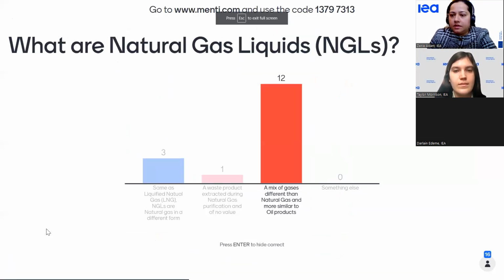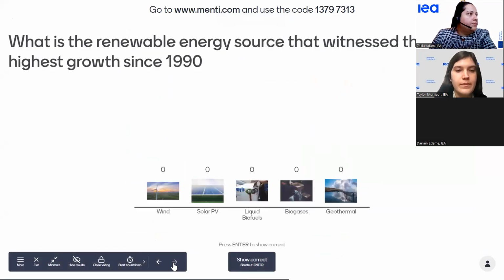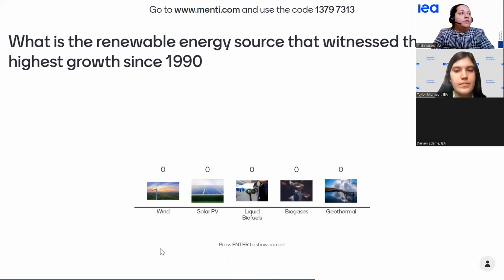Can you see Menti, Taylor? Yeah, okay, excellent. So again, it's the same code as before. If you have disconnected, can you connect to www.menti.com and use the code that appears on the screen now?